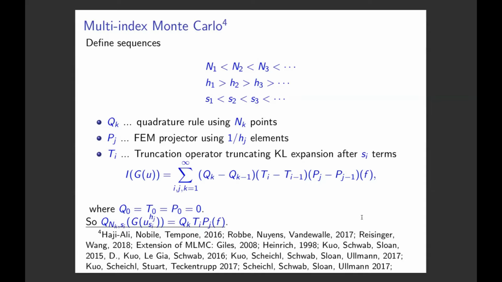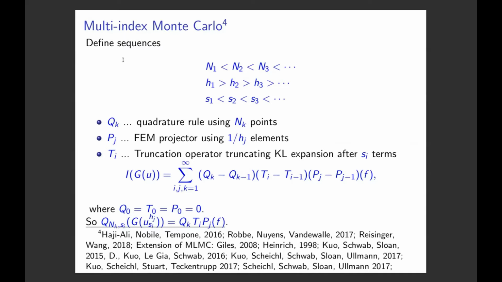And there's another paper by Reisinger and Wang, where they obtained convergence rates for a multi-index Monte Carlo method, but not for the same problem as I'm discussing in this talk, but for a quite different equation. So there was an open question of, can we actually obtain convergence rates for this multi-index Monte Carlo for the setting I'm discussing here.